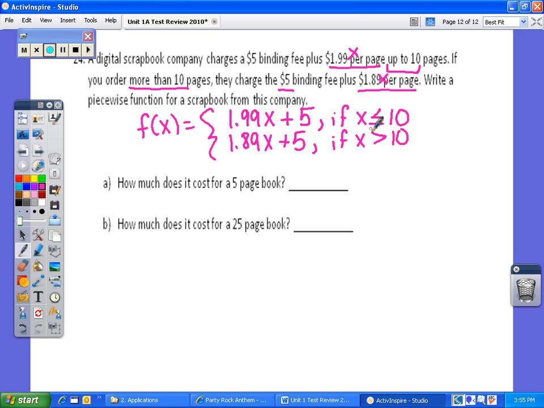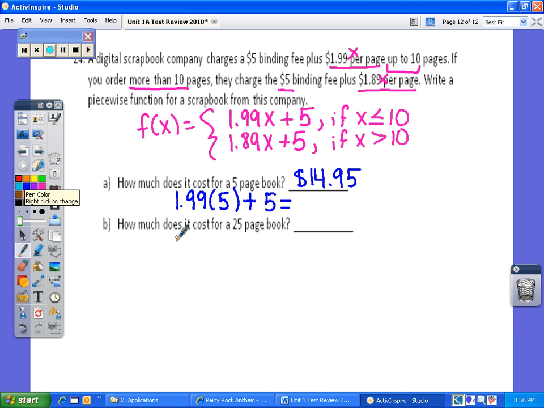So the first one says, how much does it cost for a 5-page book? Well, 5 falls into the first category, so we're going to plug 5 into that first one. So $1.99 times 5 plus 5 will give us $14.95.